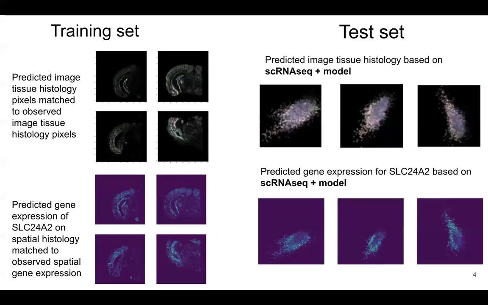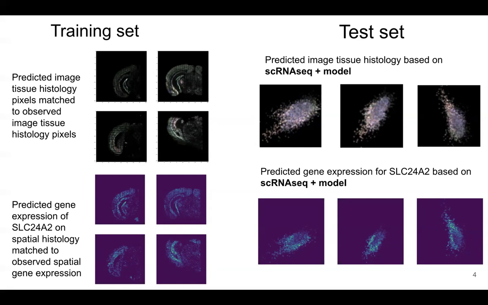So with the data, I split into training and test, where the training contains the spatial transcriptomic histology of both the pixels and images, and I also look at the test set, which contains only single-cell RNA-seq.